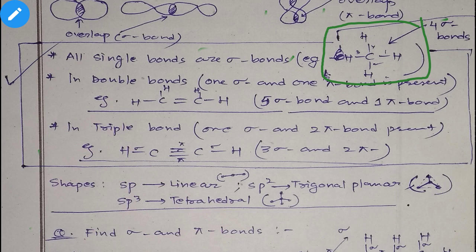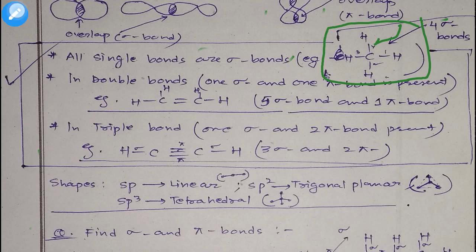These single bonds are always sigma bonds, which means they are formed by the head-on overlap of the atomic orbitals. So whenever I ask you how many sigma bonds are present in methane, you will say four, because there are four single bonds. As many single bonds, that many sigma bonds. So this is done.